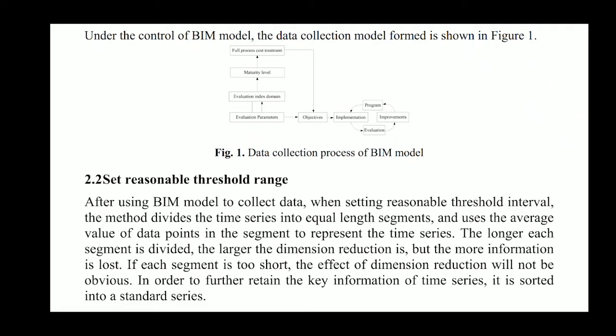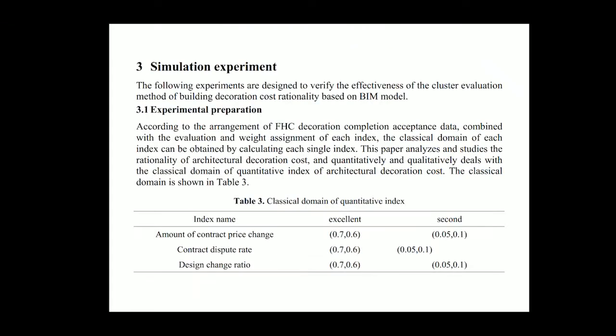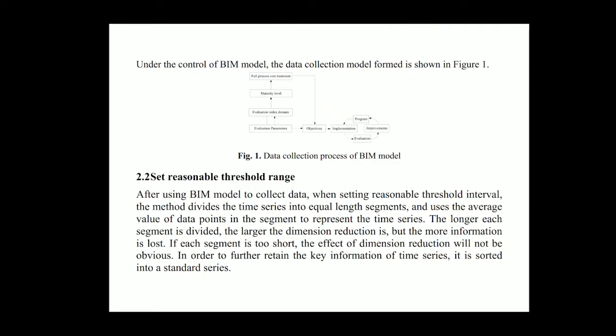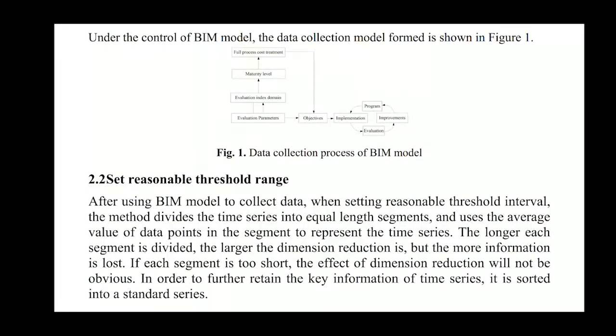The longer each segment is divided, the larger it is and the dimension reduction will not be obvious. In order to further retain the key information of the time series, it is sorted into a standard series.